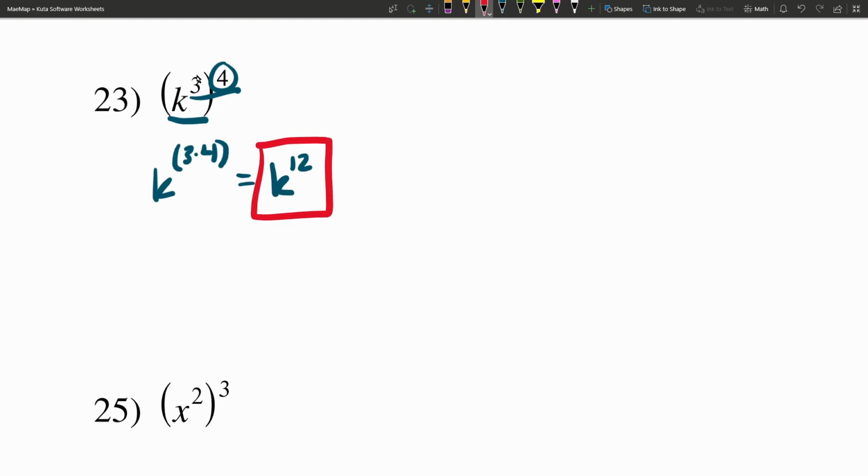Again, seeing this visually, k cubed raised to the fourth is going to be k cubed times itself, k cubed, times itself, times itself. That is k cubed to the fourth power. 1, 2, 3, 4.